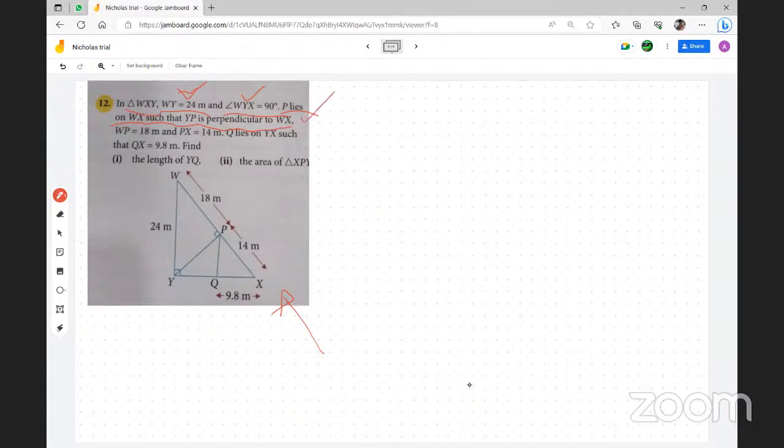Okay, it is in the picture. WP equals 18, in the picture or not? WP equals 18. Yeah. Okay. PX equals 14 in the picture?